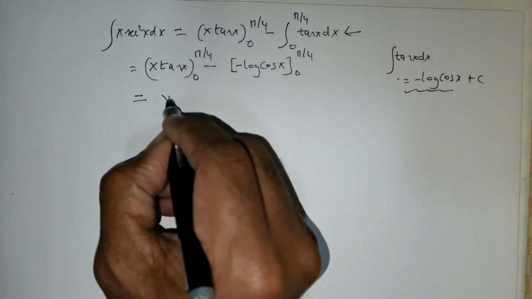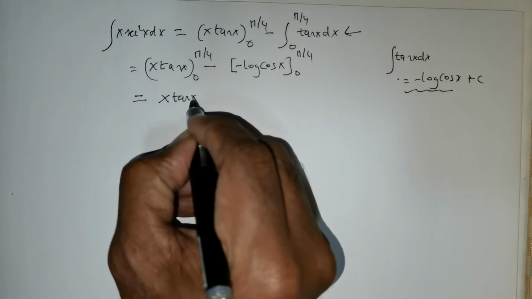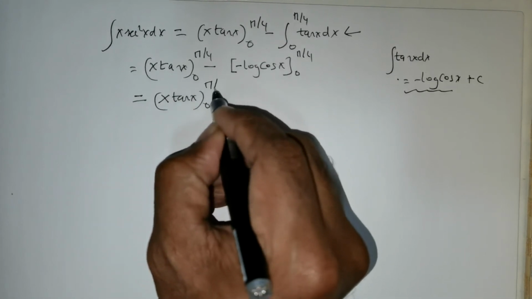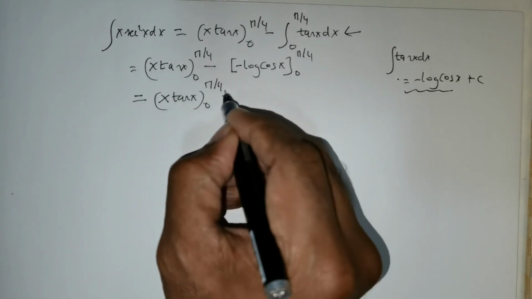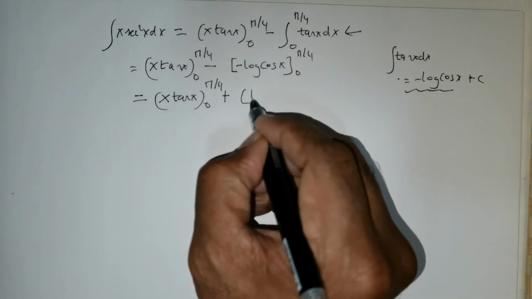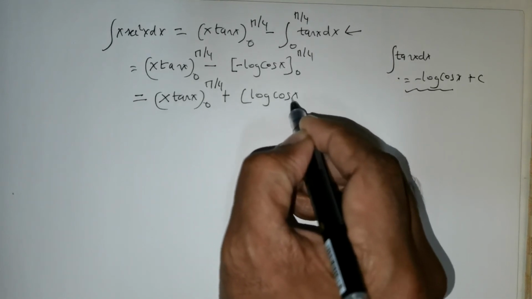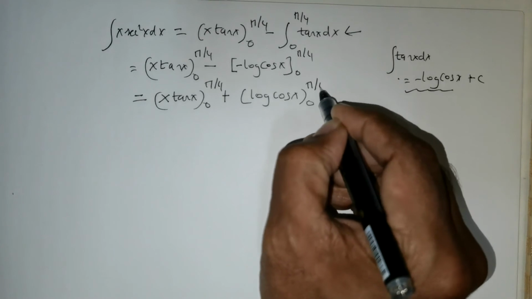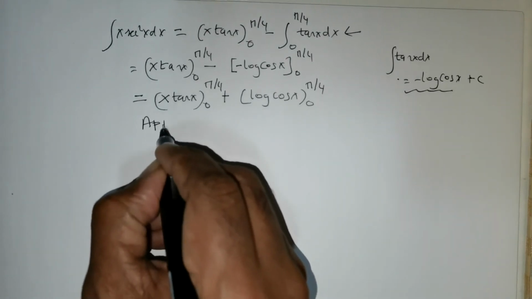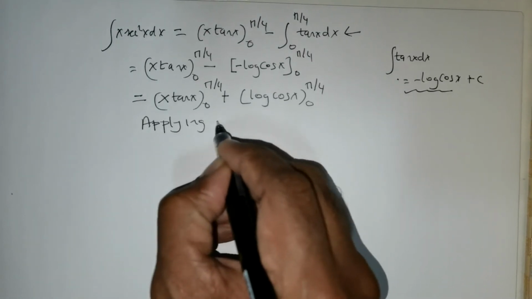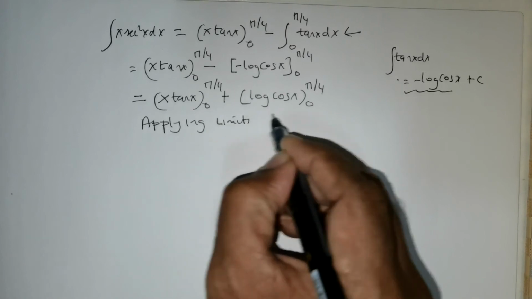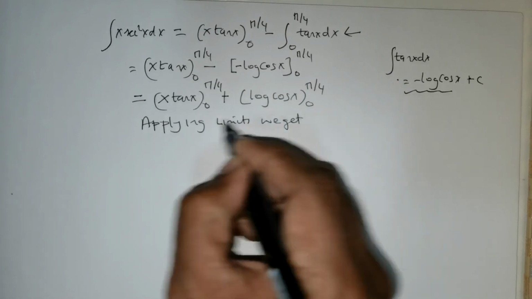Now this equals x times tan x, 0 to pi over 4, and negative times negative becomes positive, so we get log of cos x, with limits 0 to pi over 4. Now I apply the limits.